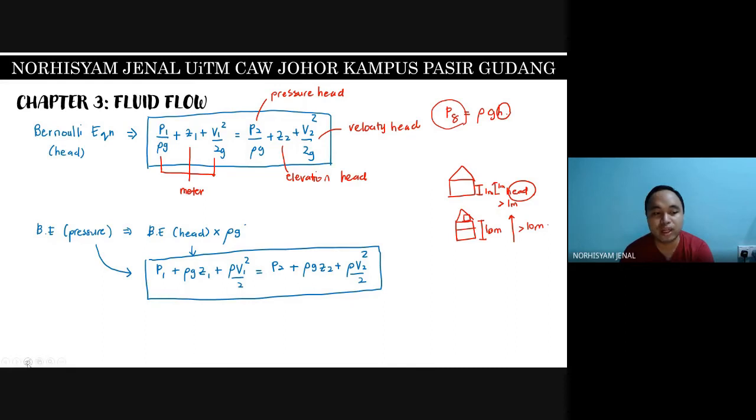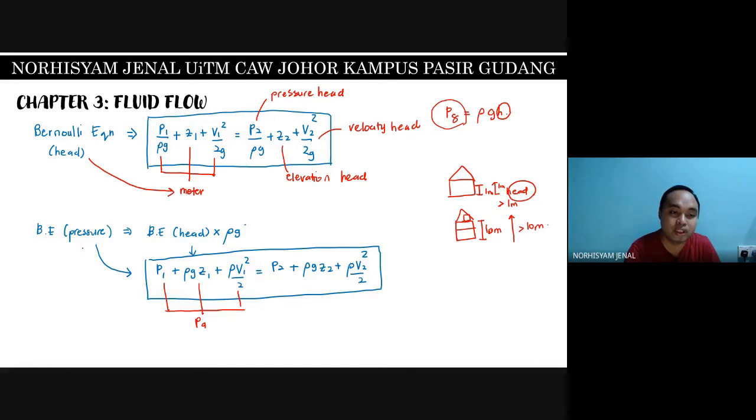Okay, so what happened here is each one of this should have the unit of Pascal. Okay, hasil darab or the resultant of rho times G times Z1 should be equal to Pascal. So this one should be Pascal also, and this one should be Pascal also. So if in terms of head, we get it in meter.